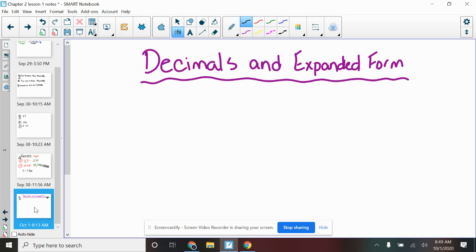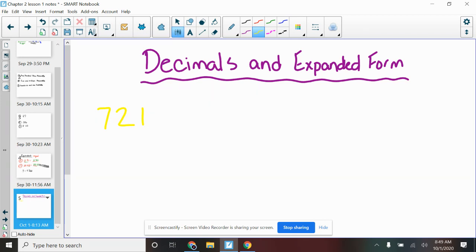So the first thing we have to remember is, what in the world is expanded form? Now this is building off of chapter 1 stuff, and we learned this in chapter 1. Xander, what's expanded form? Let's say you're on a number 721. Okay, let's do your example. 721. This is Xander's example. And I'm going to write this thing in expanded form.